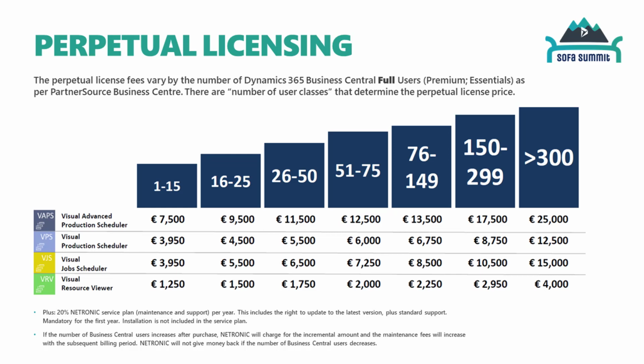That's kind of defining the scale of the operation. So the top line there going across is the VAPS, so for let's say 16 to 25 users, it's €9,500. The simpler version is €4,500. So you can kind of see the difference between the two. It's about the same as the scale goes up.